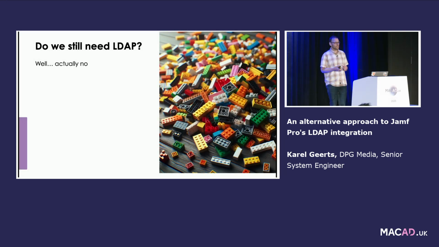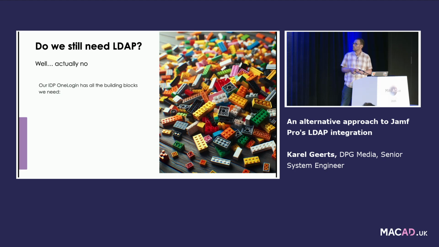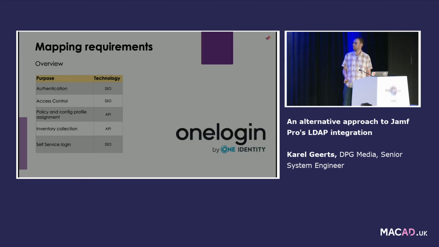So we were asking ourselves, well, do we still need LDAP? Well, no, actually. Like I said, our IDP is OneLogin and it has all the building blocks we need. It has SSO authentication with SAML 2.0 and it has extensive API capabilities.